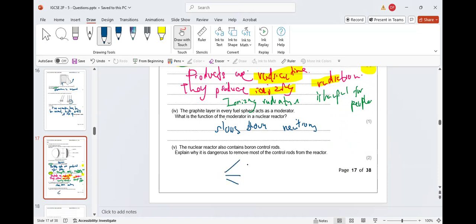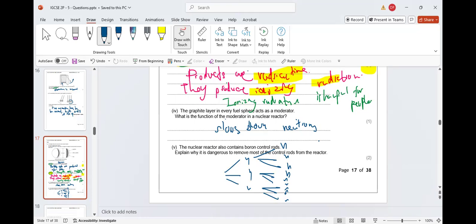If 3 neutrons are produced, each neutron will trigger 1 fission and produce 3 more, and each of them will produce 3 more neutrons. So 3 into 3 will be 9, and then 9 into 3, 27 and 81, and it goes on and on and on, right?